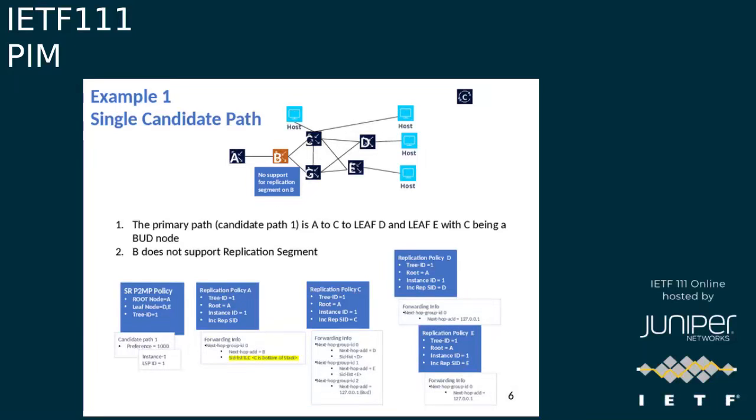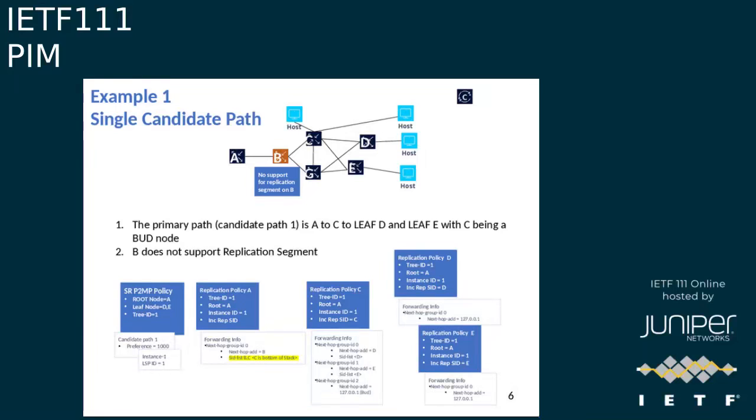So this draft is trying to test the path instances for each candidate path end to end. It should be able to identify each path instance for each candidate path and test it end to end.